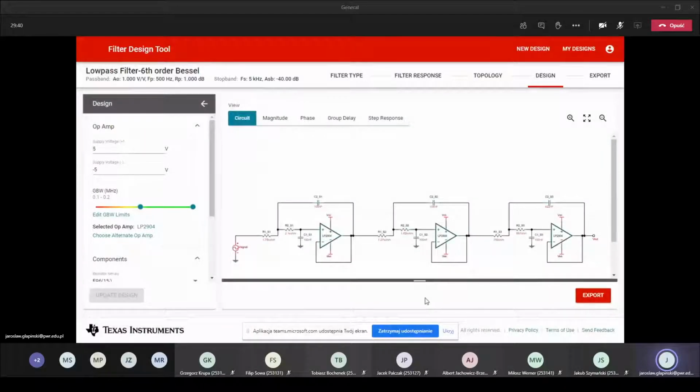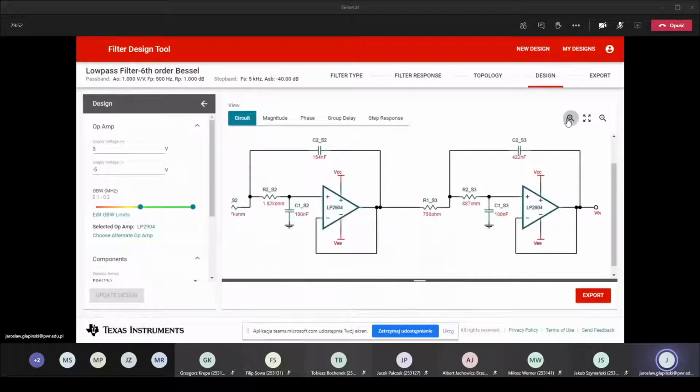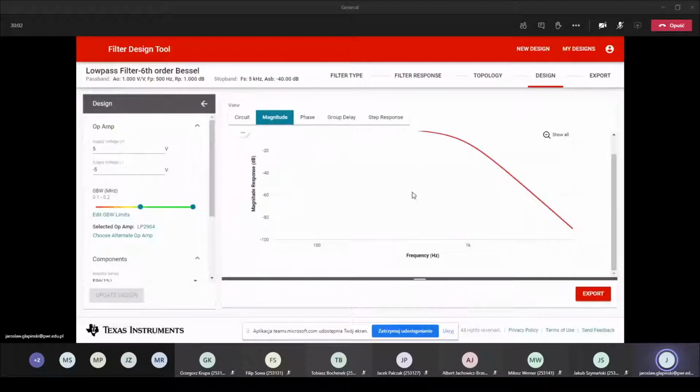And we can see that we have to use 3 operational amplifiers, and the parameters are calculated by the program. So to achieve better, faster, or sharper filtration, we should use more elements.